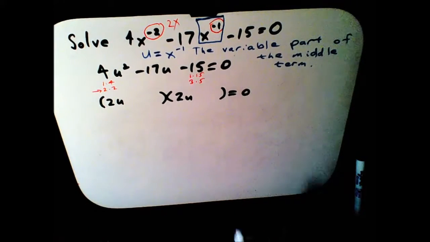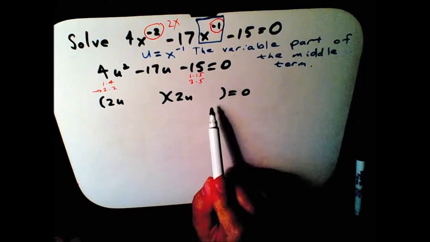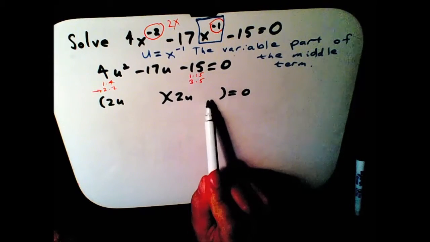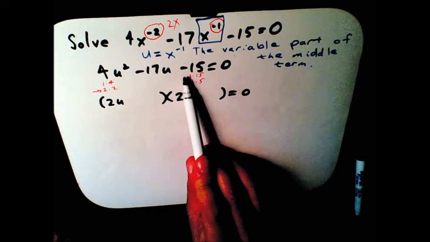Well, let's see. If we go 1 and 15, I think that's going to get it done, because one is going to have to be positive, one negative in order to make the negative 15.